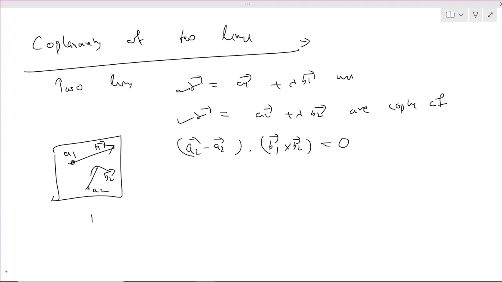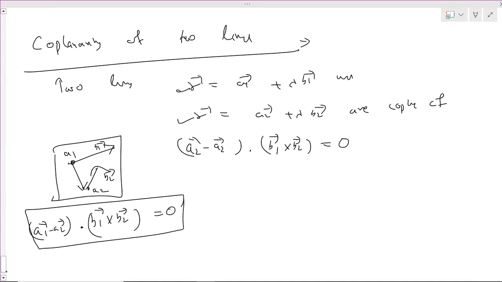So to find the normal, I can take the cross product. This I told you previously also. Now if I join this and take dot with this, then this will be 0, right? Yes, sir. This is what coplanarity is all about.